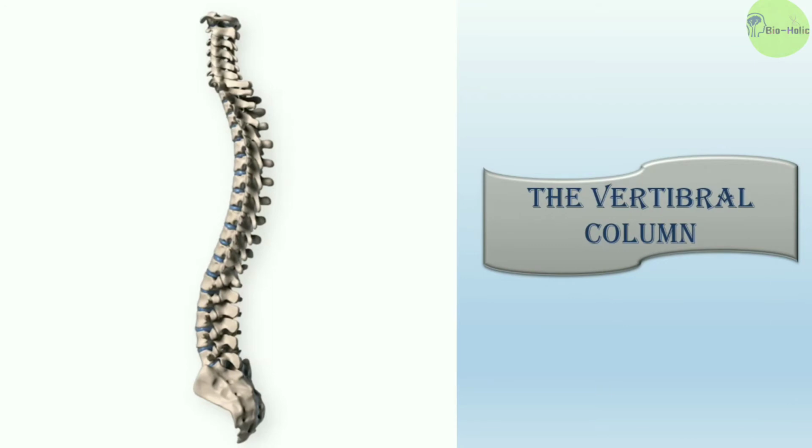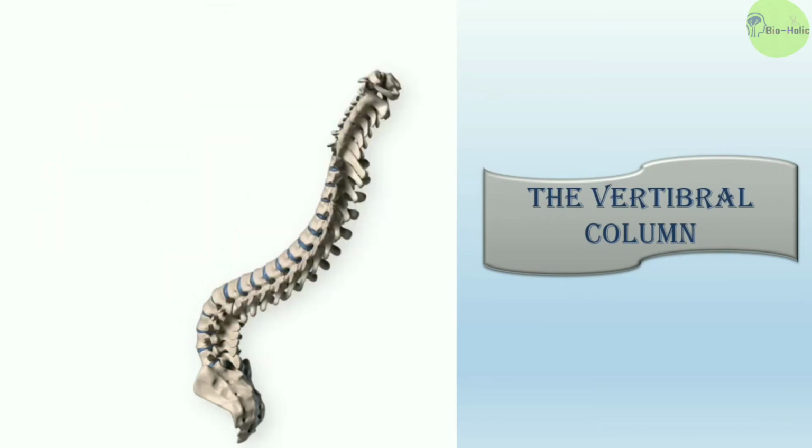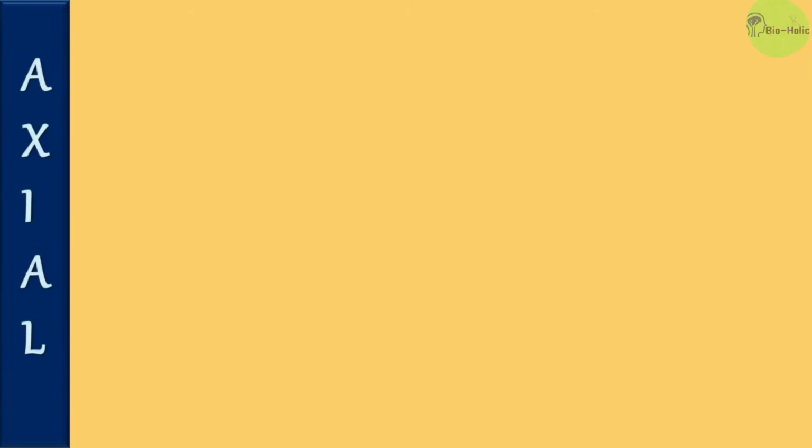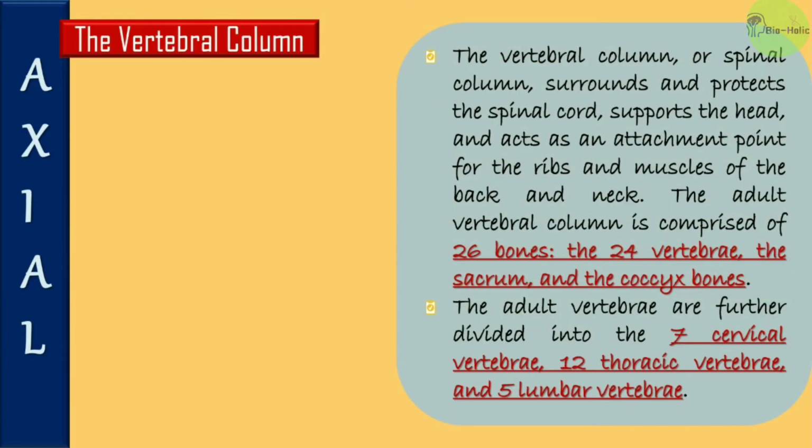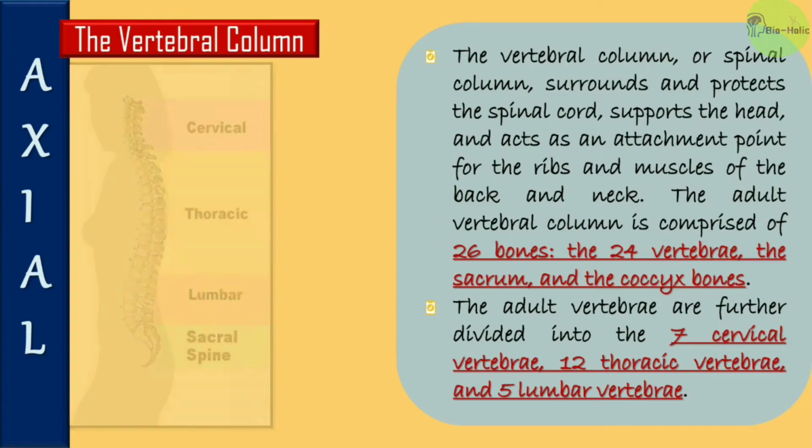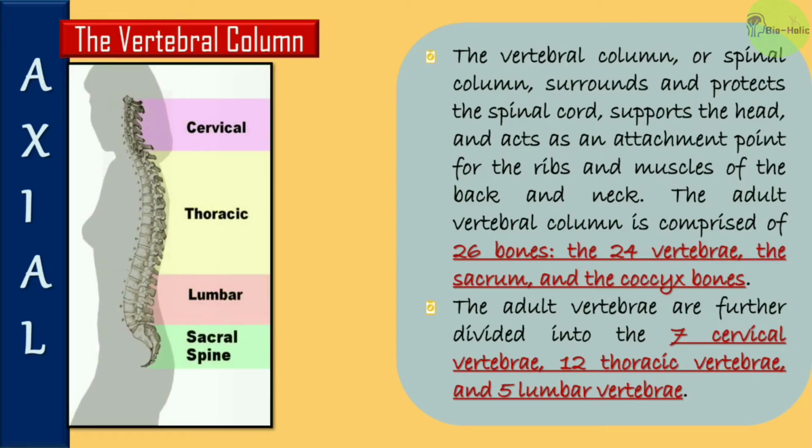Next, the vertebral column. The vertebral column or spinal column surrounds and protects the spinal cord, supports the head and acts as an attachment point for the ribs and muscles of the back and neck.